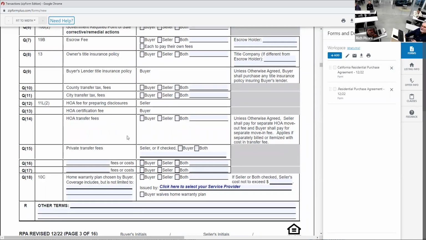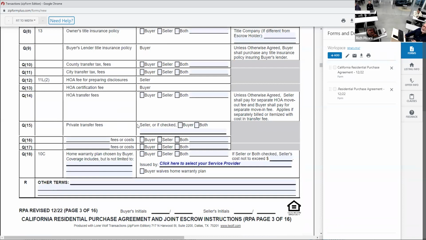HOA transfer fees, private transfer fees. You don't know if there's a private transfer fee until it comes up. It usually will show up on a lien. Just to be safe, I always check that the seller is going to pay for private transfer fees if applicable. If it applies, then the seller will pay for it. Then you can add some other fees and costs here. What would be examples of those?